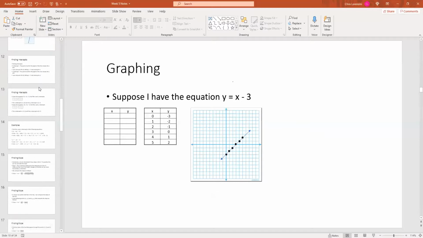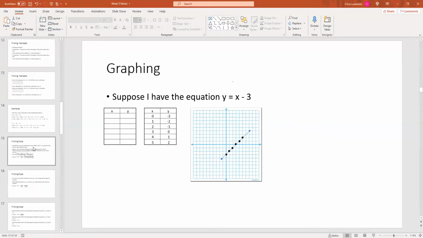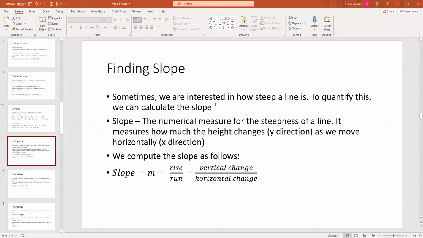So what we can do is find a way to mathematically compute how steep a line is by computing what we call the slope. The slope is a numerical measure for the steepness of a line. It measures how much my line changes in the y direction as we move horizontally in the x direction.